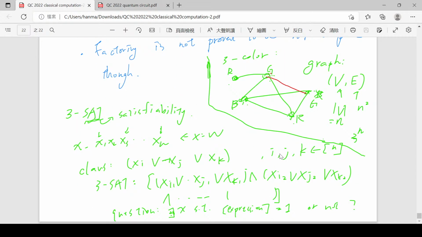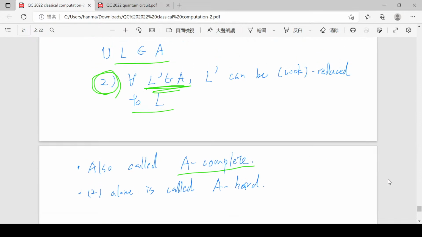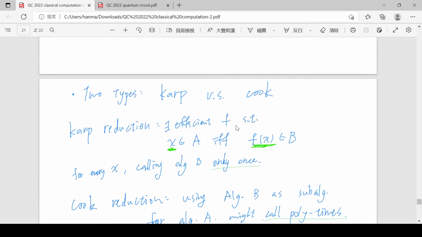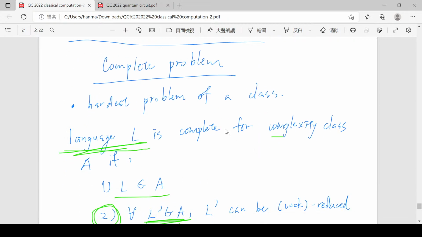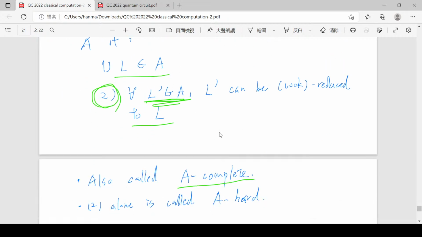Last time we finished talking about classical computation, and we finished with our introduction to classical complexity theory, where we talked about the NP-complete problems. They are the problems that are in NP and they are hardest in NP.